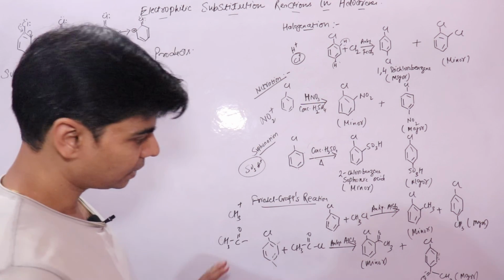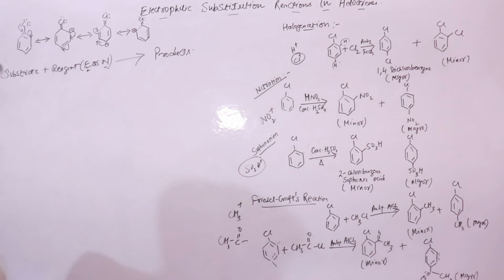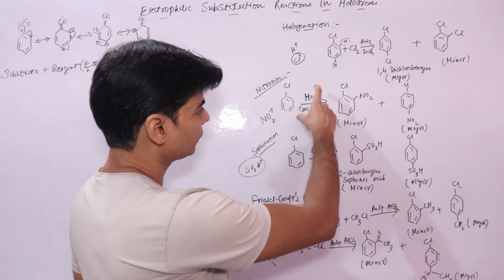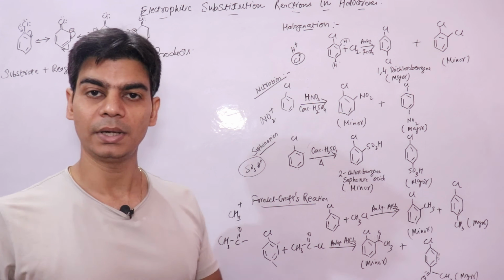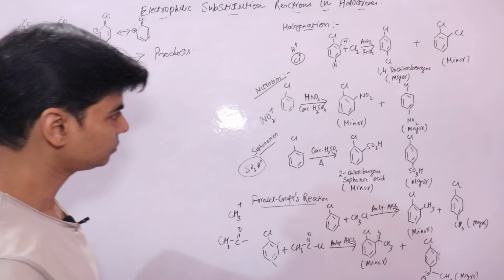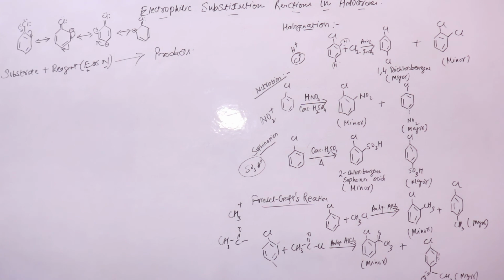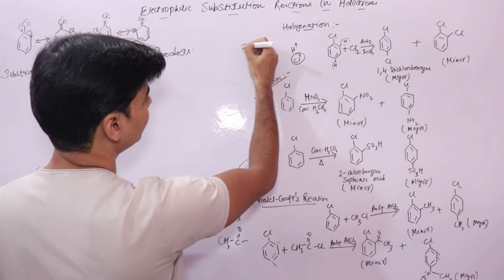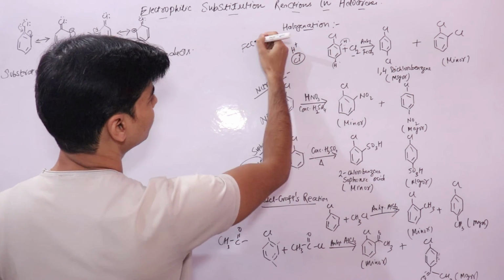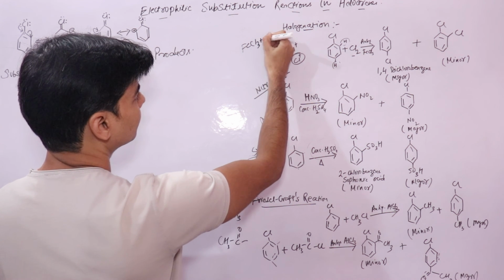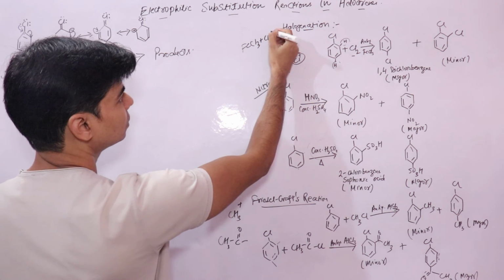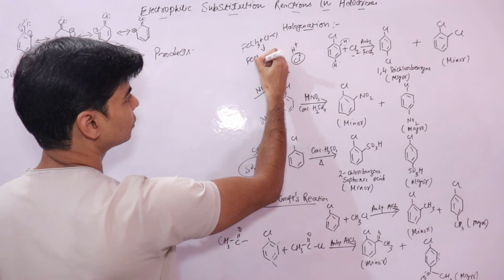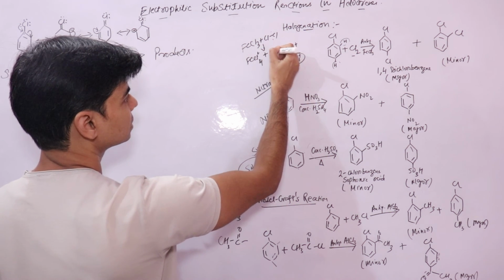So now it is clear what electrophilic substitution reactions are, and how in all these reactions these reagents will form electrophiles. If you want to understand, this is ferric chloride. Ferric chloride will cleave this chlorine molecule, Cl-Cl, and will form FeCl4- and Cl+.